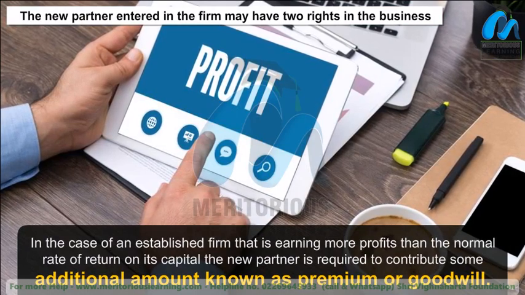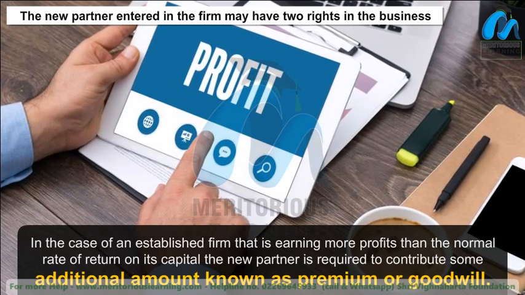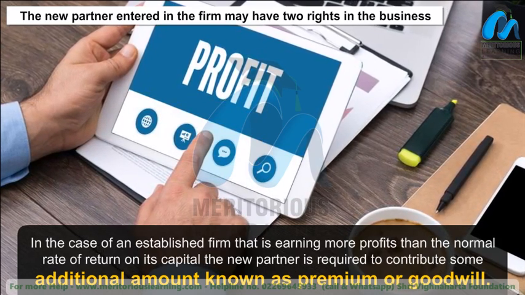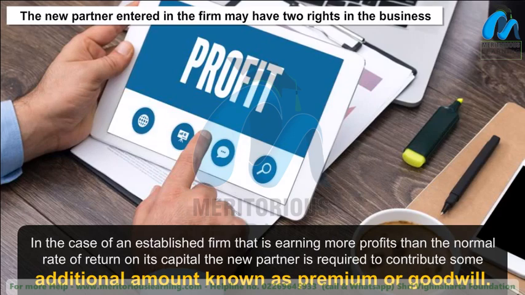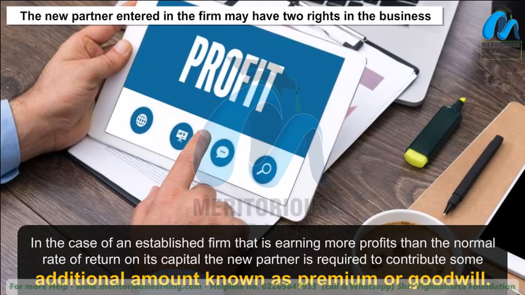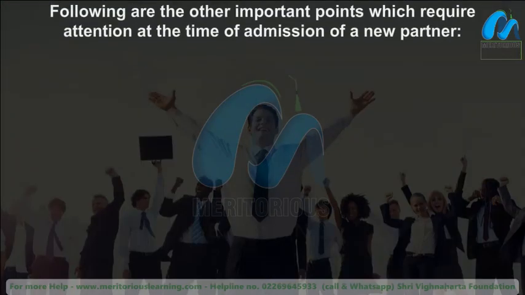In the case of an established firm that is earning more profits than the normal rate of return on its capital, the new partner is required to contribute some additional amount known as premium or goodwill.